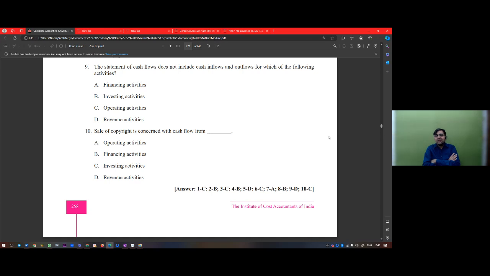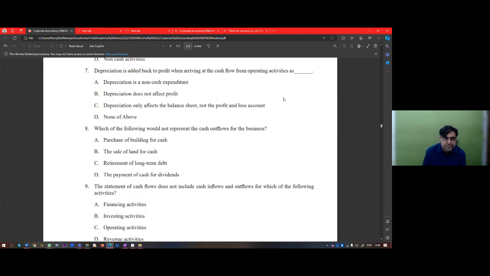Sale of copyrights is investing, intangible assets. Cash flow does not include cash outflows from the following activities. Operating revenue, D. These will not be considered cash flows of the business.